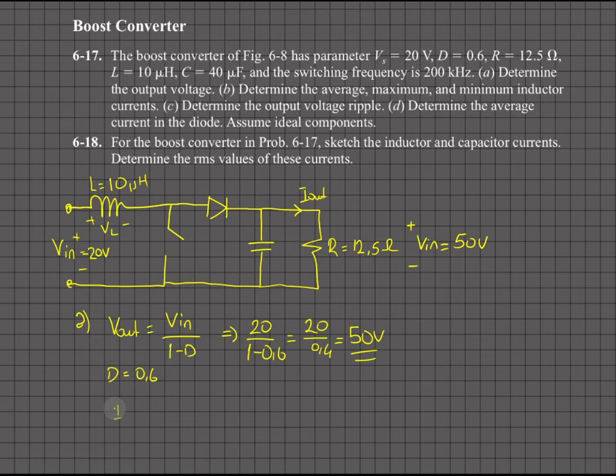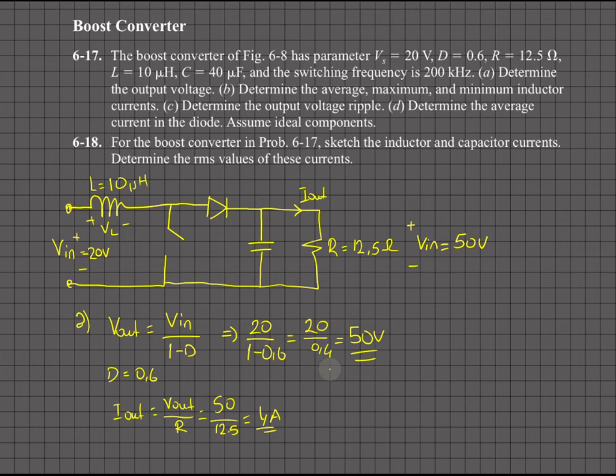I out is equal to V out divided by R, so 50 divided by 12.5, that is 4 amps, right? So I have an output current of 4 amps, and it is flowing through 12.5 ohms.